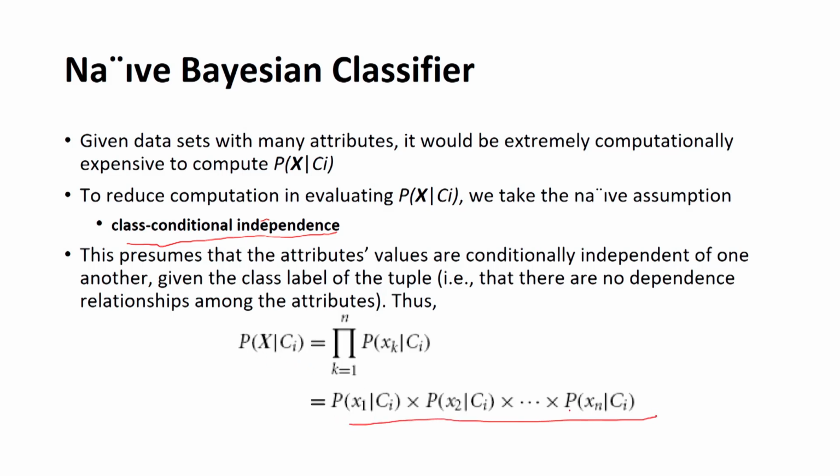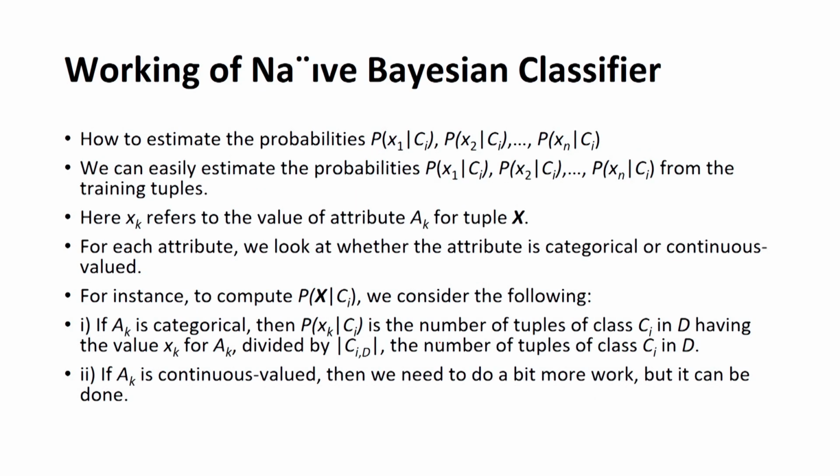We have already seen this probability of x given Ci, and to make it simple so that we can easily compute these probabilities, we compute the right hand side. How to estimate this we have already seen, when the variable was categorical.